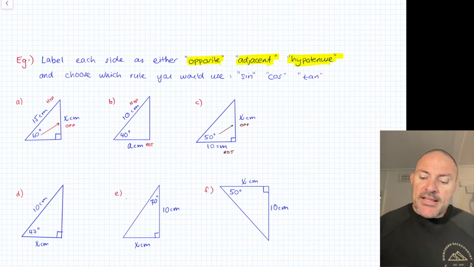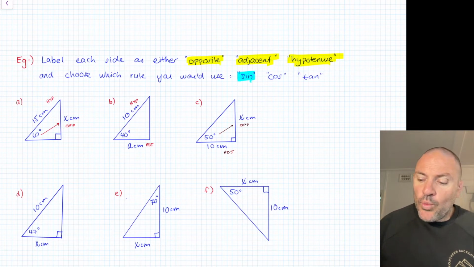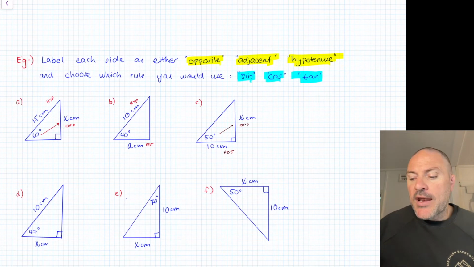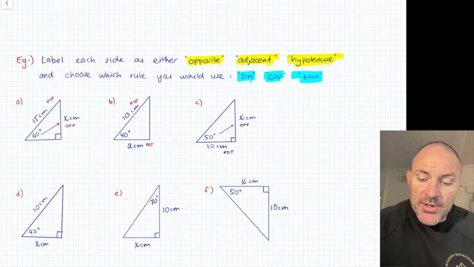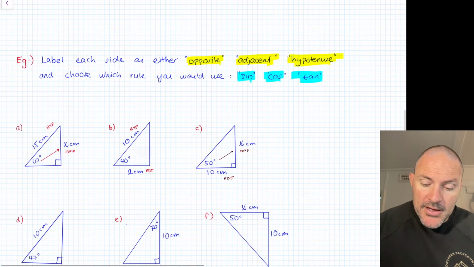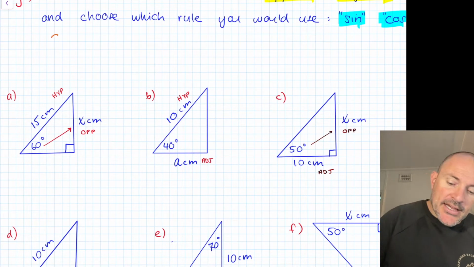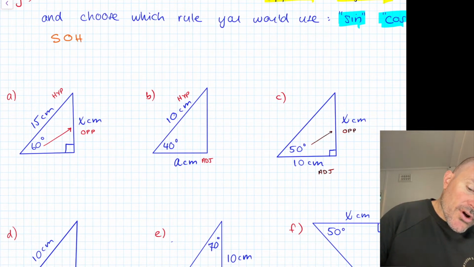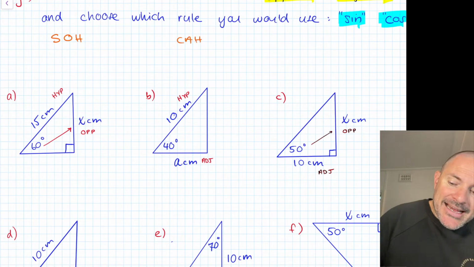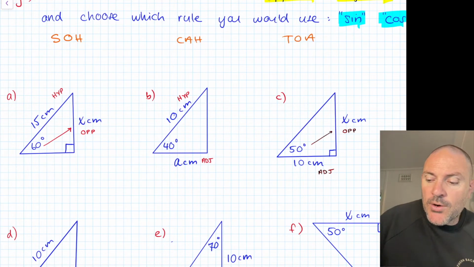Okay. The second part of this says, which rule would you use out of sine, cos and tan? So again, we're going to go through this together. Before we do this, what I'm going to write down here is that rule, SOH CAH TOA.